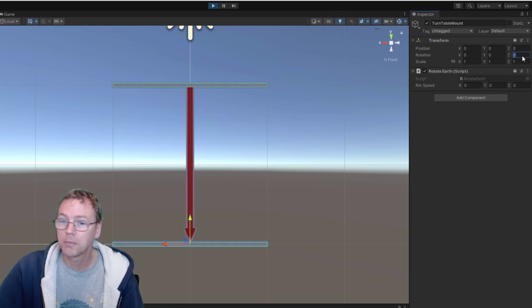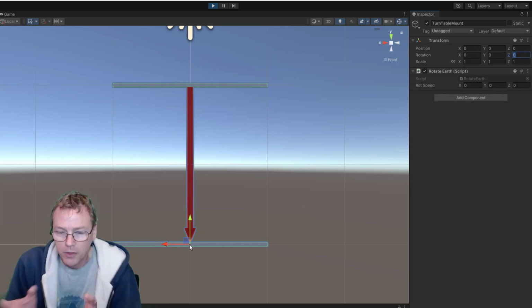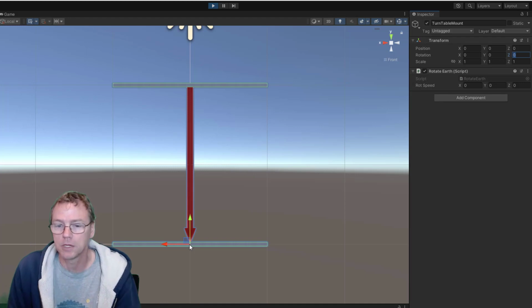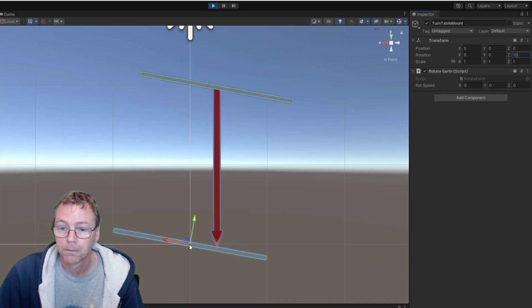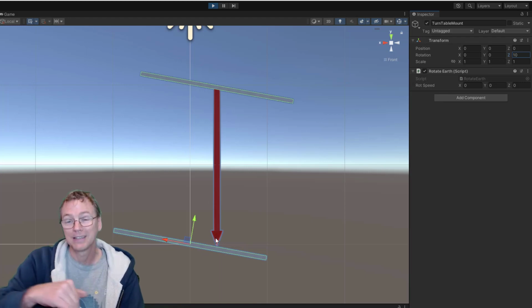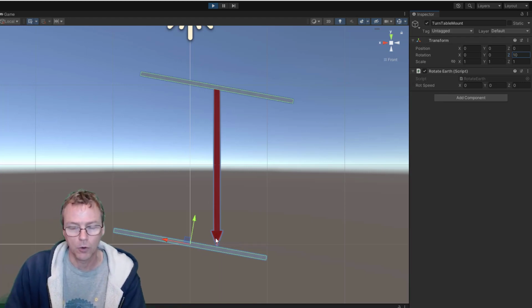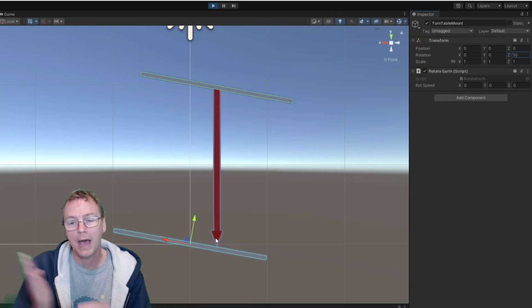Let's take the turntable mounting point down here, where the motor for the turntable is mounted, and let's just rotate it by 10 degrees. Now we can see it's not aligned anymore with the local gravity, and that's causing our plumb bob to hang off center. That's no problem. We can pull the plumb bob back on center.